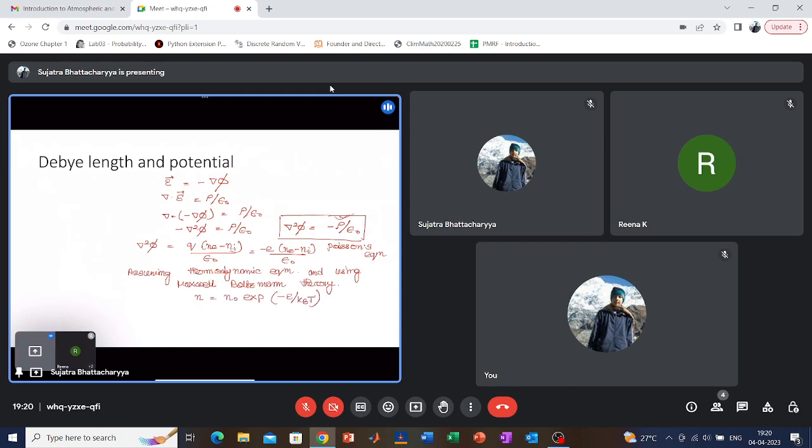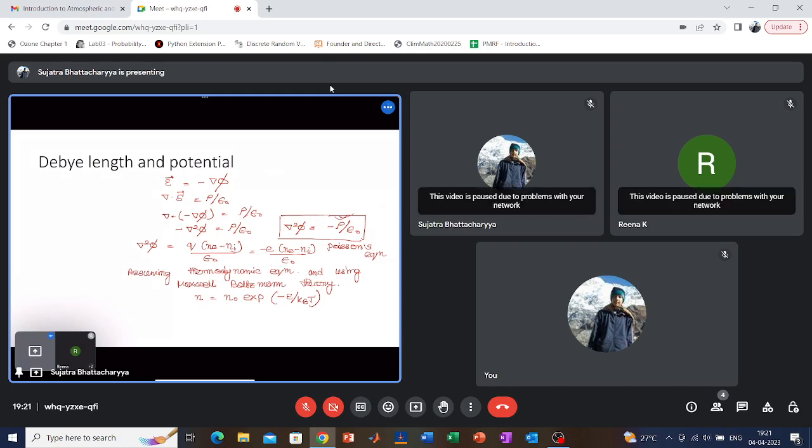Fine. This is the concentration. This is also the concentration at the 0th time, or the electron distribution function will be something like this.